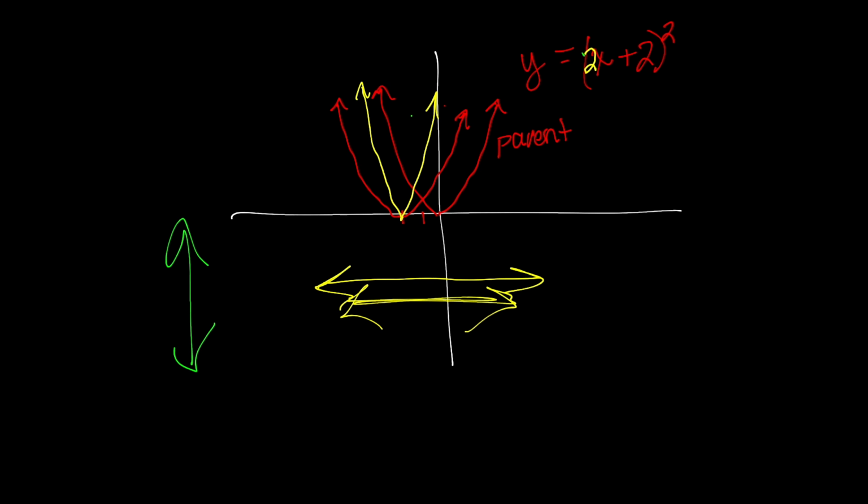So the thing to remember is that big numbers make things squish in or spread out. If you think of it that way, the big numbers make things squish in or stretch out.